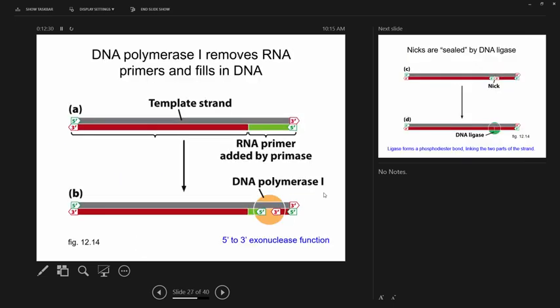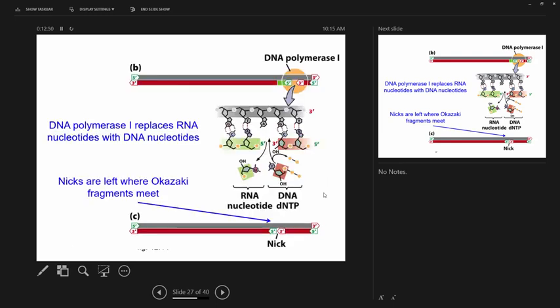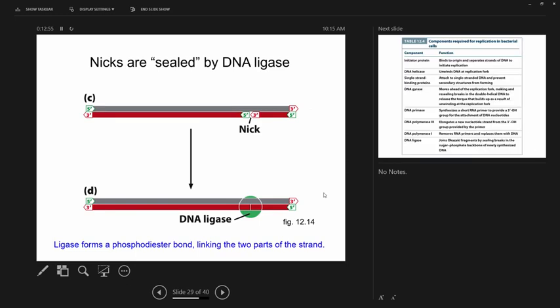So DNA polymerase 1 will use its 5' to 3' exonuclease activity to remove the RNA bases from the primer. It will use its 5' to 3' DNA polymerase activity to replace those RNA bases with DNA, and then it leaves a nick, which is ligated or brought together by DNA ligase enzyme, and that's it.